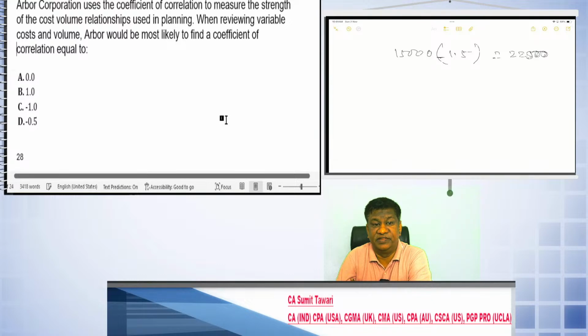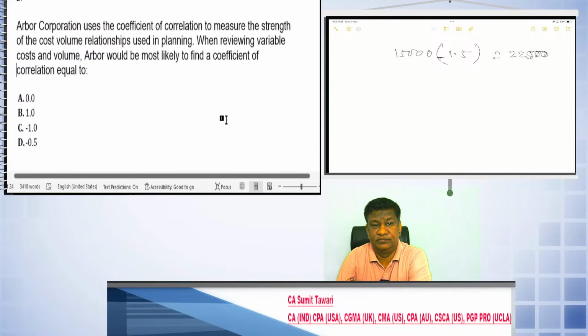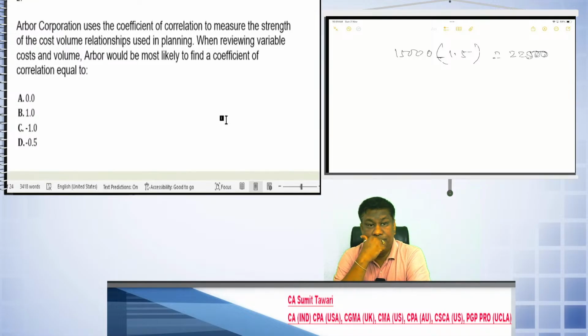Question number 27. B, sir. So, 1. Sorry, B ones. Yeah, find the coefficient of equal to 1.